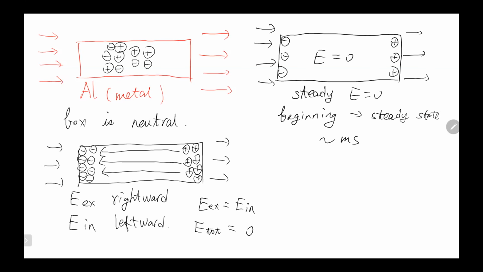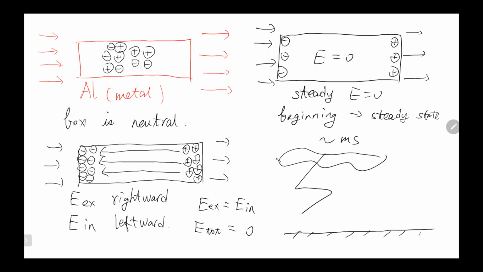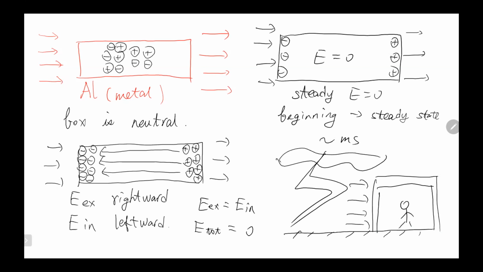So that means if we want to protect somebody from lightning, we can make a metal shield. For example, if you are outside and there's heavy rain and a big lightning, and you stand here, to protect yourself, you need to find a metal shield. You need to put a shield made of metal. The lightning is going to generate an electric field, but the shield has free charge.